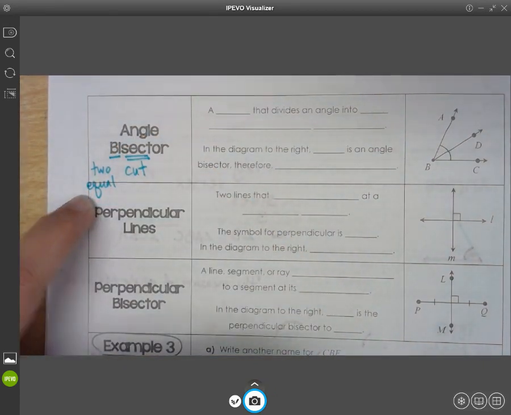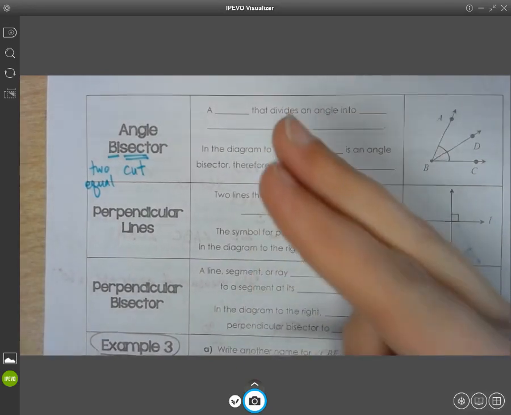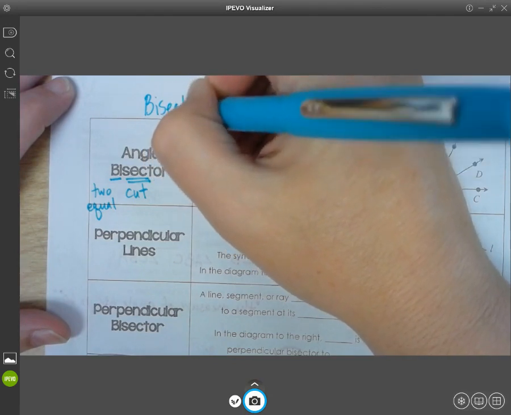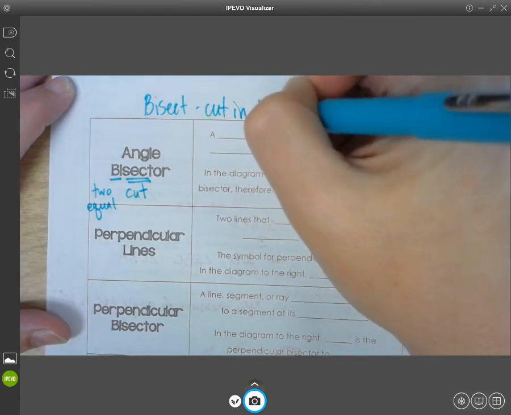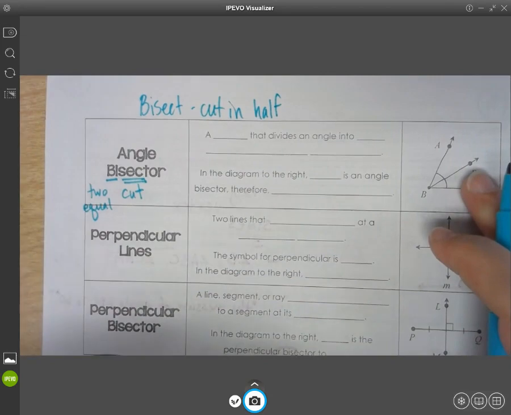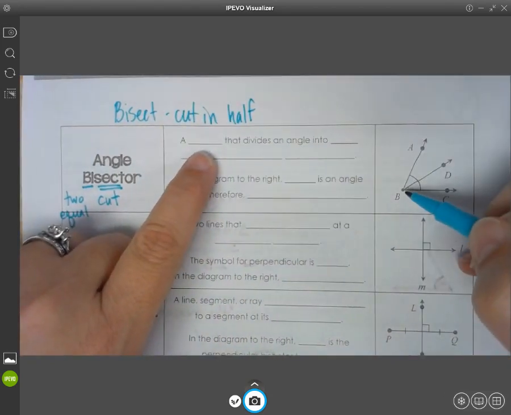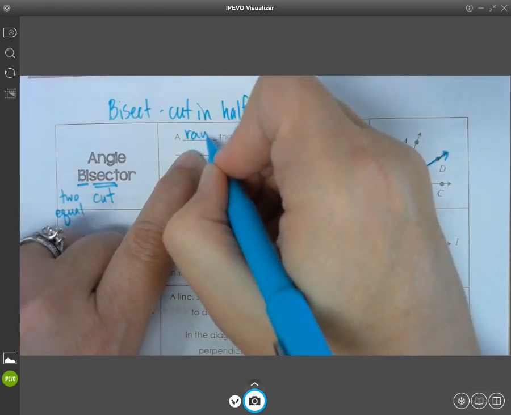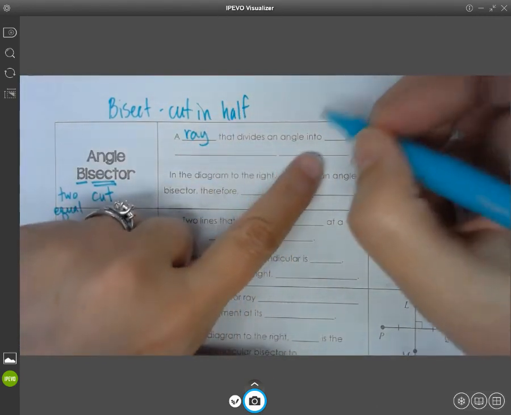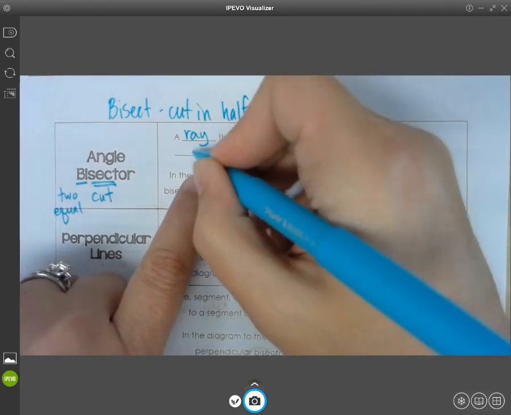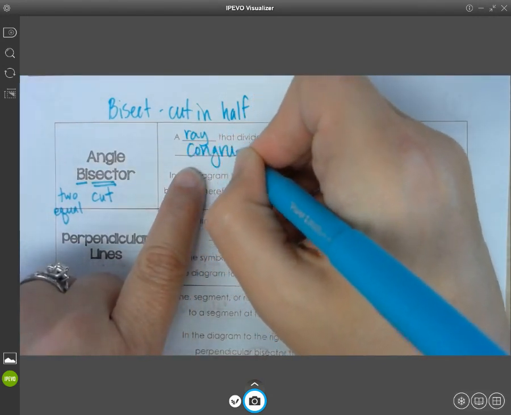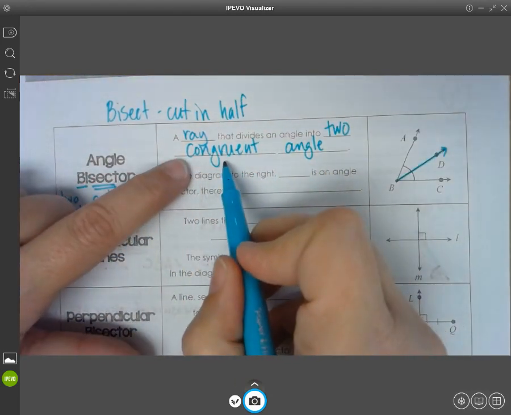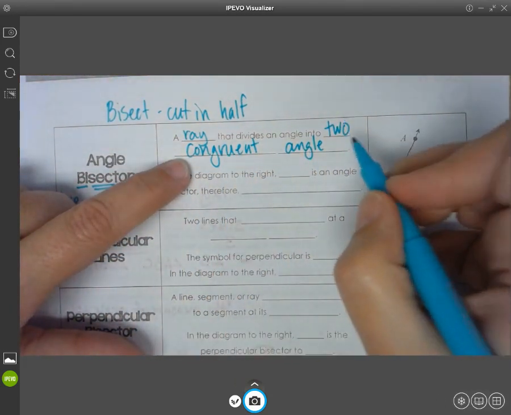Bisect means to cut in half. So something that cuts an angle in half is going to be a ray or something like that, or a line or a segment that divides an angle into two congruent angles or equal pieces. Two congruent angles.